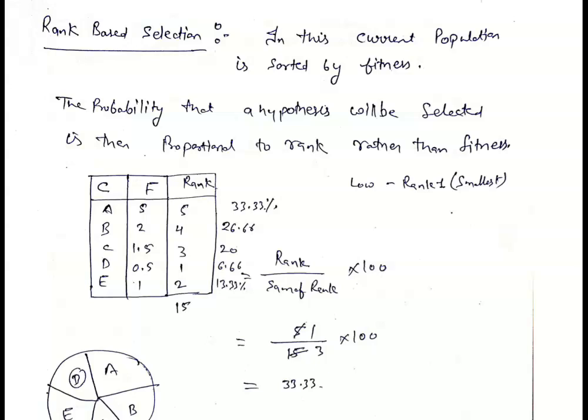So for chromosome A, the rank is 5, and total rank is 15. So 5 divided by 15 multiplied by 100 equals 33.33. So the area covered by this rank is 33.33, and 26.66, 26.66 and 13.66 for the other chromosomes.